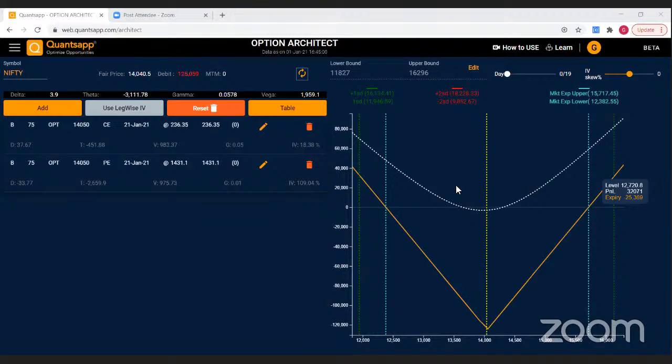Suppose I made this strategy, and let's say today is Saturday, Sunday, then it's going to be Monday, Tuesday. For the next 2 days, I'm looking at nothing happening. Theta is going to make the option bleed over the period of 2 days.